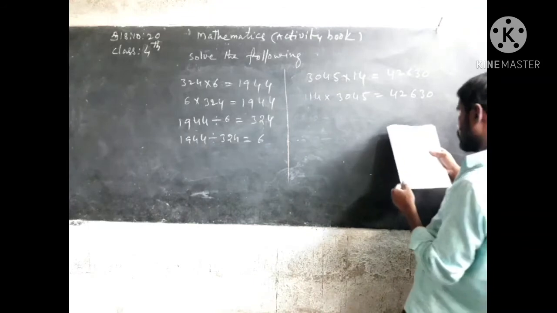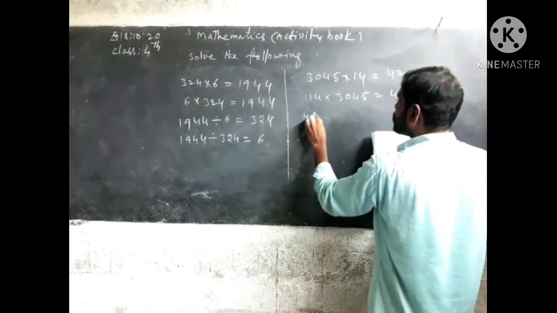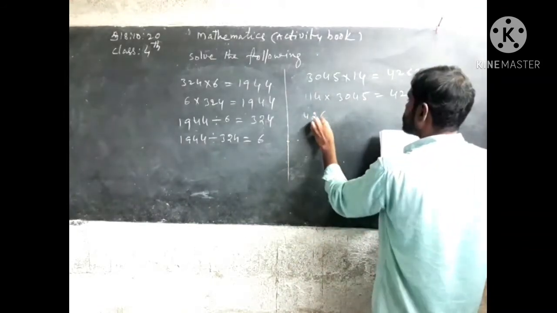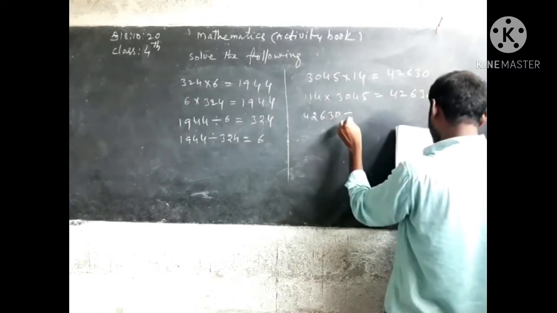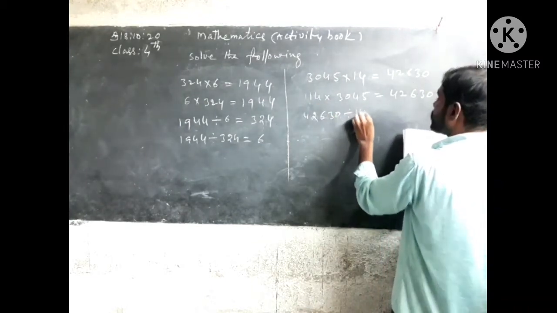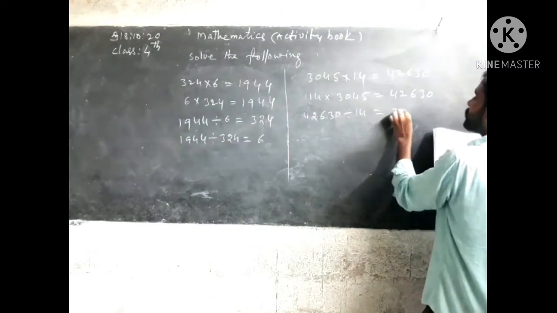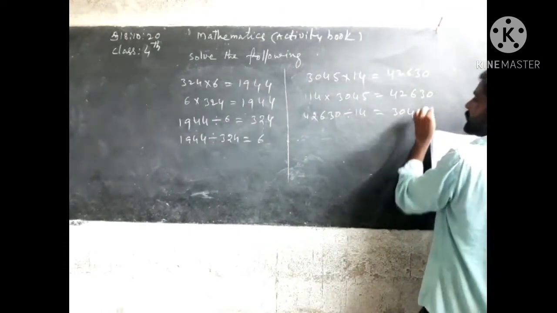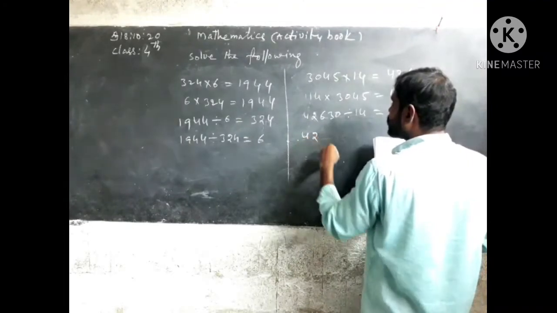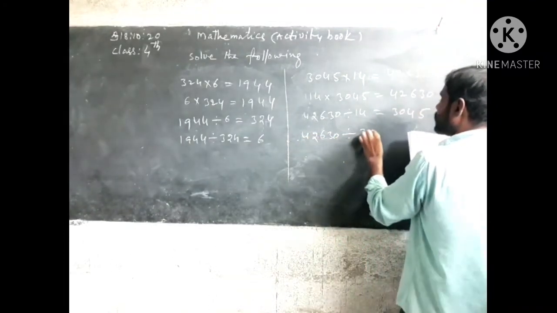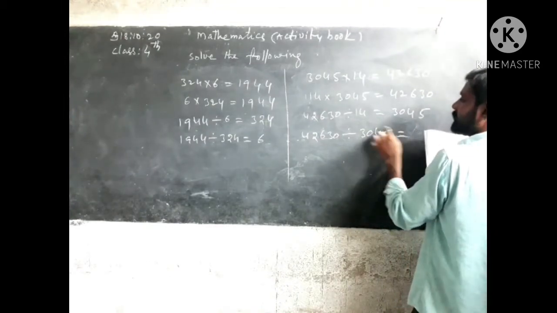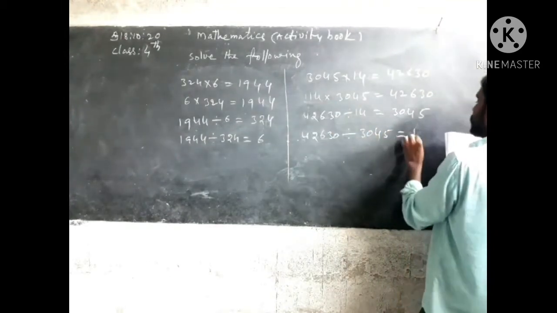Now next, 42,630 divided by 14, what we get? 3045. Next, 42,630 divided by 3045, you can get 14.